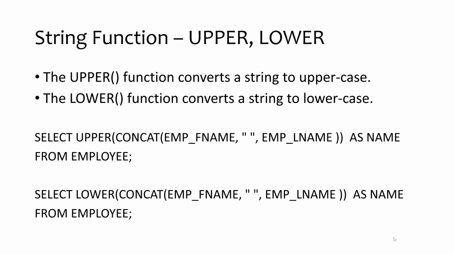Now I'm going to discuss another example where we are using the upper function and the lower function. The upper function converts a string to uppercase, whereas the lower function converts a string to lowercase.